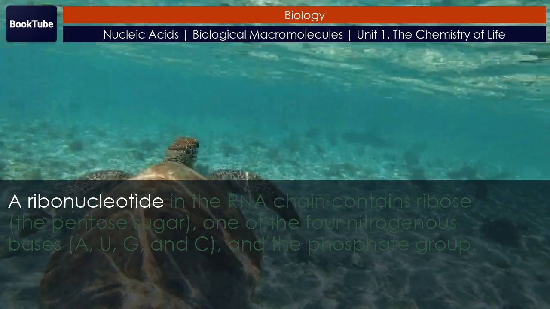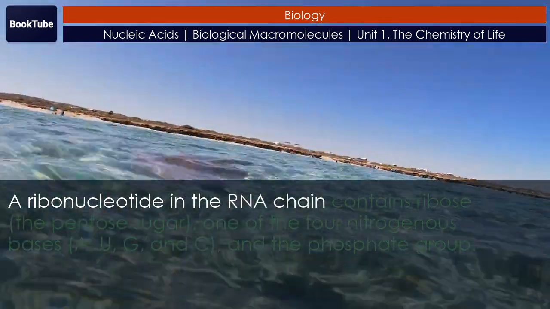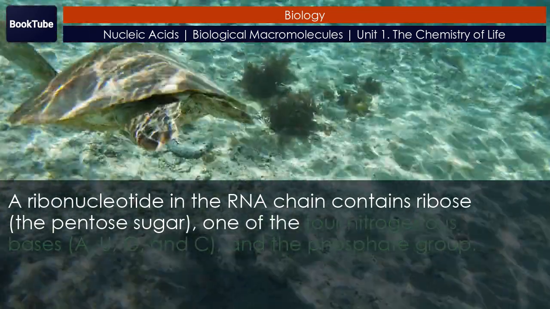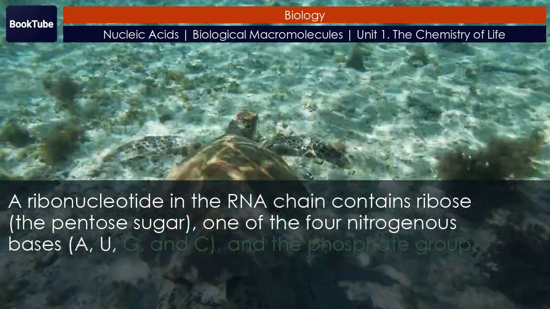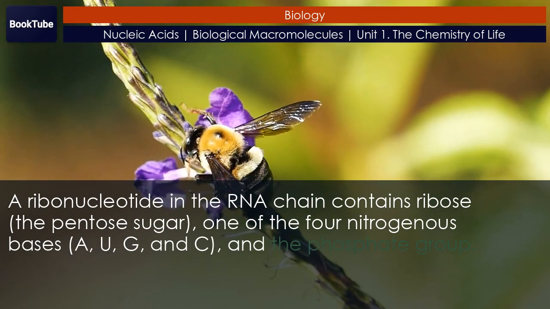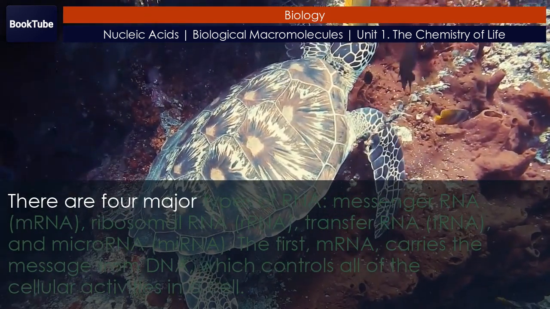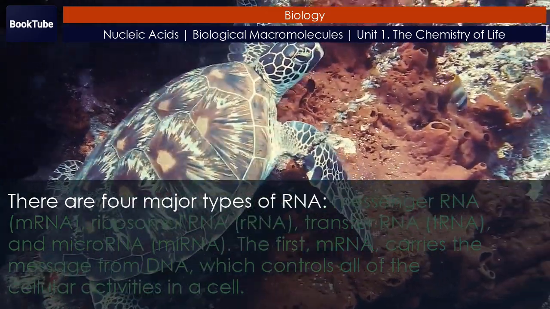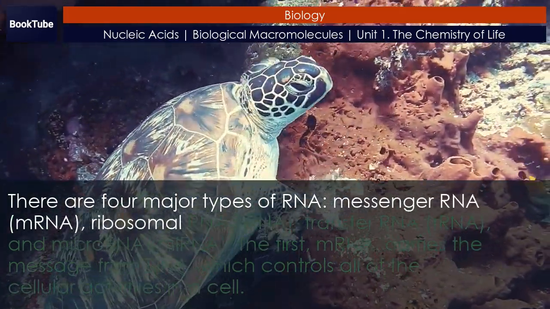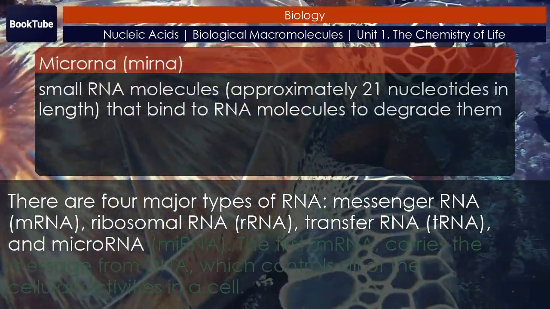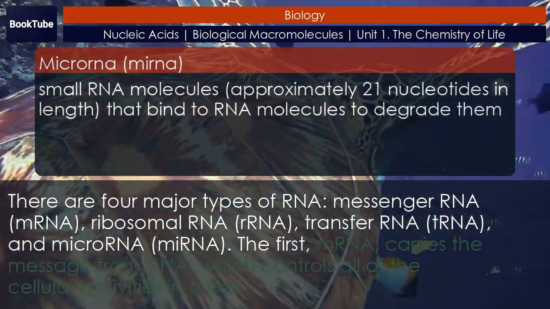A ribonucleotide in the RNA chain contains ribose, the pentose sugar, one of the 4 nitrogenous bases, A, U, G, and C, and the phosphate group. There are 4 major types of RNA: messenger RNA, mRNA, ribosomal RNA, rRNA, transfer RNA, tRNA, and microRNA.